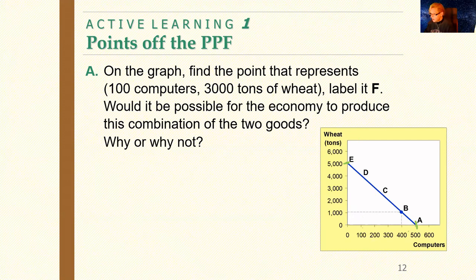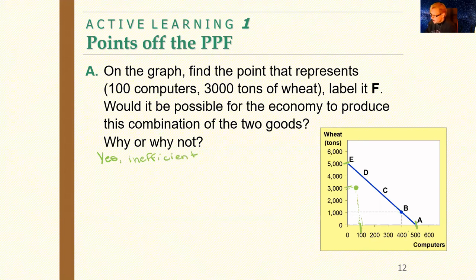Okay, so 100 computers, that's going to be right here, and 3,000 tons of wheat, that's going to be right here. Now I want these two to intersect. So essentially I'm just coming up here, coming over here. So here's our point that it's asking us to find. Would it be possible for the economy to produce this combination? The answer is yes, it would be possible, but it is inefficient, because it's inside the production possibilities frontier.